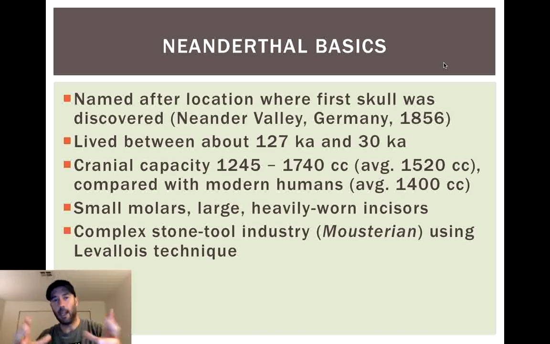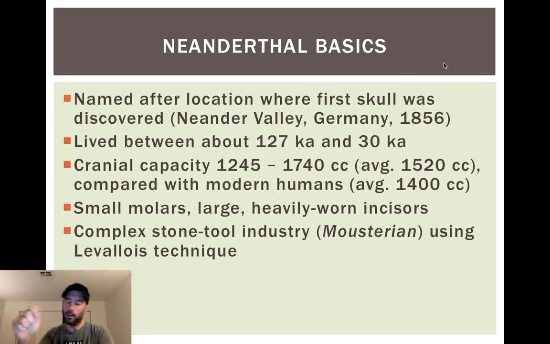And that was, again, when you have a core, a giant piece of flint, say, and you're knocking off flakes to prepare the core so that you can strike off a particular type of flake that you then want to process further.